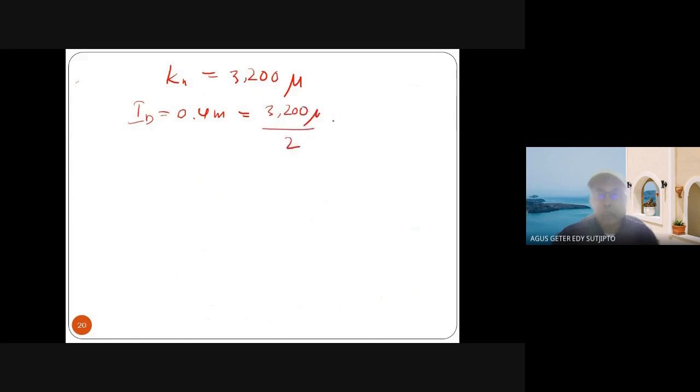From the ID here, we can solve the equation. ID equals 0.4 milli, equals 3200 micro over 2, times (VGS minus 0.7) squared.